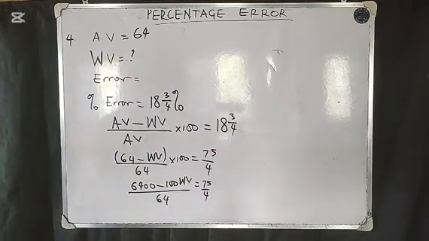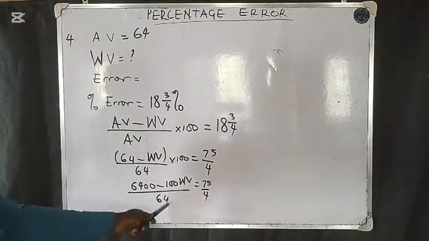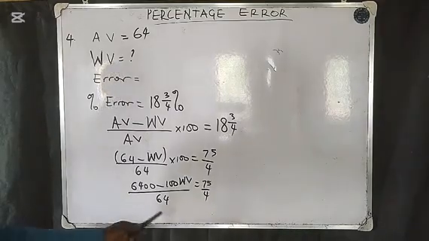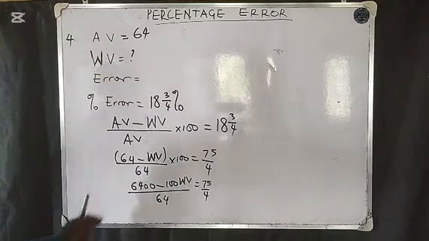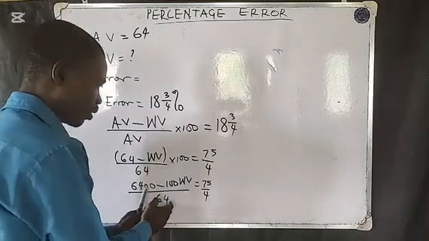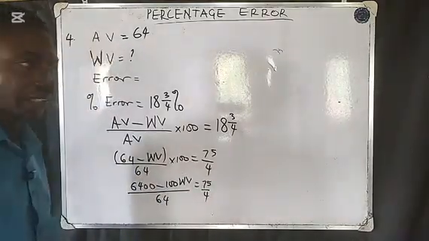I think we should clear the denominator. Instead of crossing multiply, let's clear this denominator. Multiply this one by 4. No. Multiply this one by 64 and by 64, right?